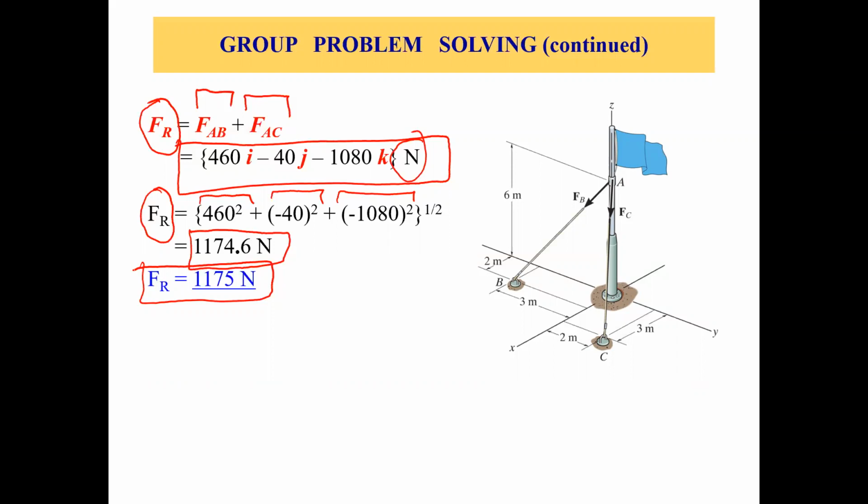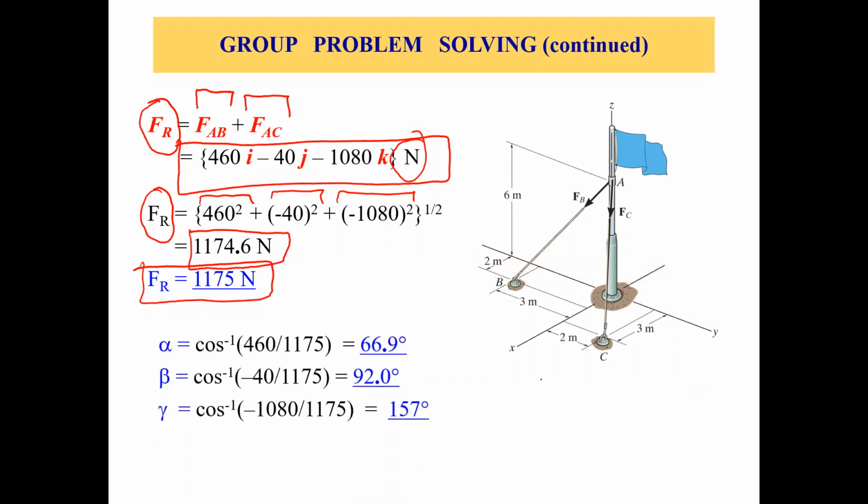All right. Okay. So there was another requirement of finding out the coordinate angles, right? We know that the coordinate angles with x, y, and z axis are alpha, beta, and gamma, right? Alpha with x-axis, beta with y-axis, and gamma with z-axis. So let's find out these coordinate angles of this resultant force.